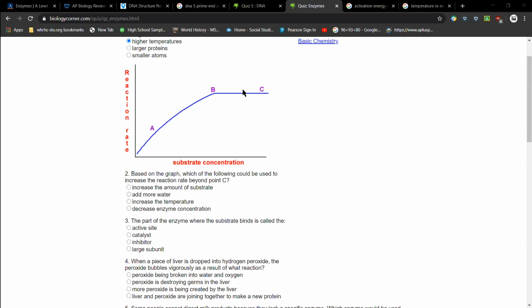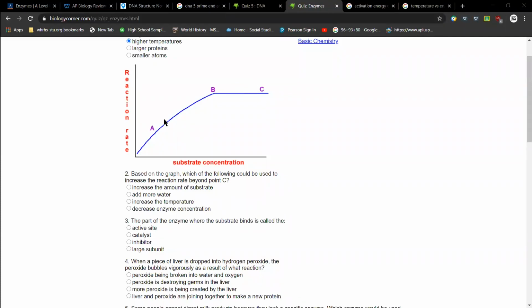When an enzyme becomes saturated, it means it's considered full of substrate. It can't bind to any more substrate, it's full. So the reason we get to this point is because all of the enzymes that we have become saturated. And so even if we increase the substrate concentration to infinity, the reaction rate would still stay the same.